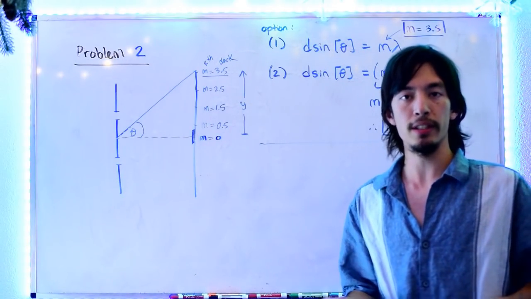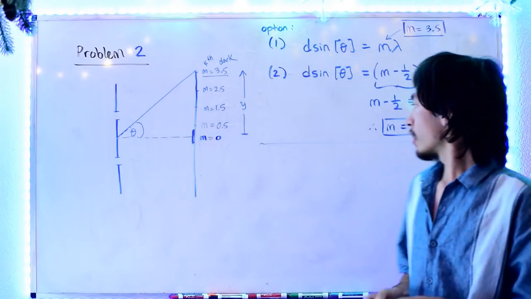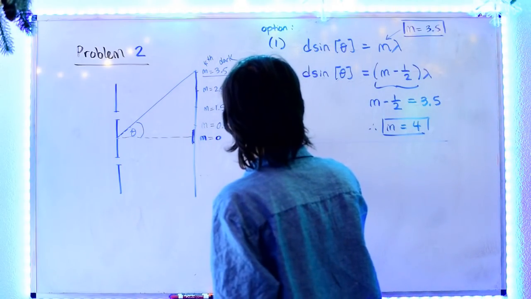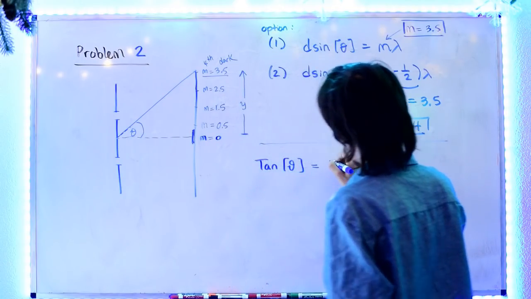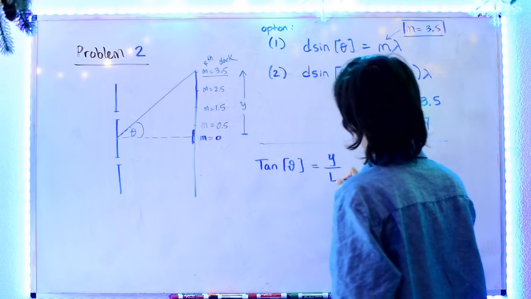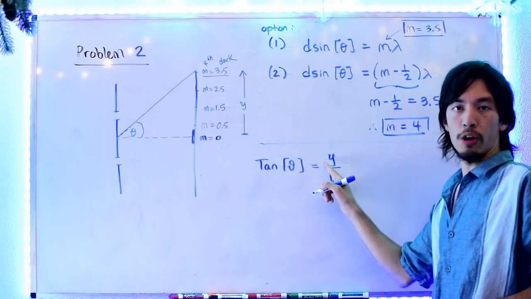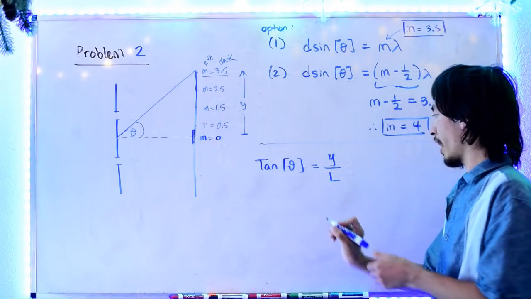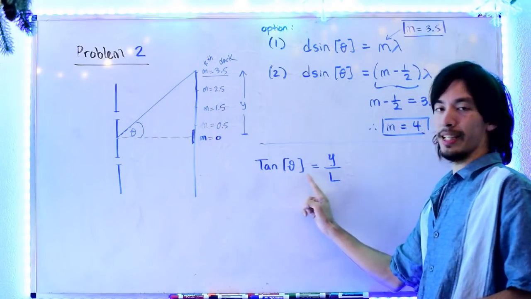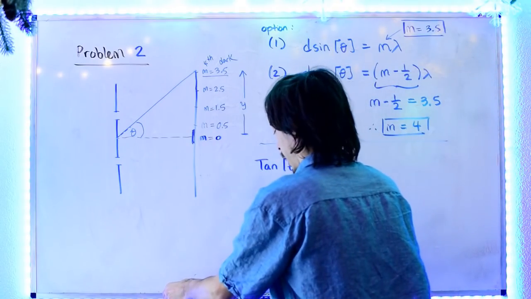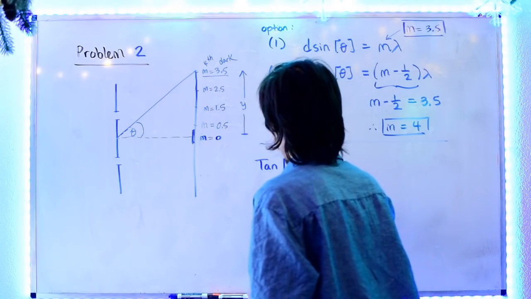So the distance from the center is y. We need the equation that says tangent theta equals y over L, in which we could solve for y, but we know that according to the small angle approximation, we can take tangent of theta and replace it with sine of theta.